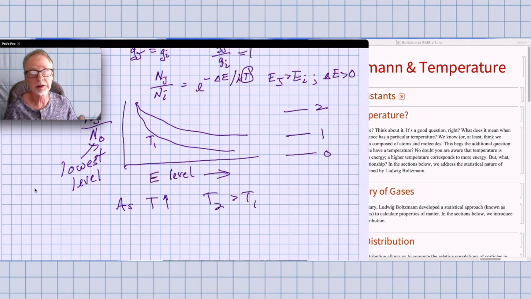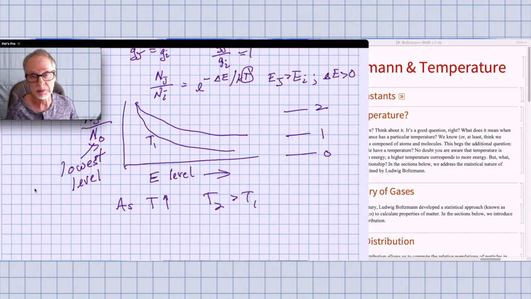And that's actually fairly important because that affects thermodynamic properties, for example, like heat capacity, which does depend on the temperature. And as we increase the temperature, those properties do change, and the Boltzmann distribution is key for understanding that. Okay, so again, that's what the Boltzmann distribution tells us, how that population distribution shifts as we go to higher levels.